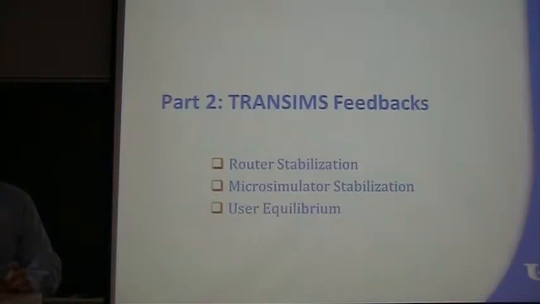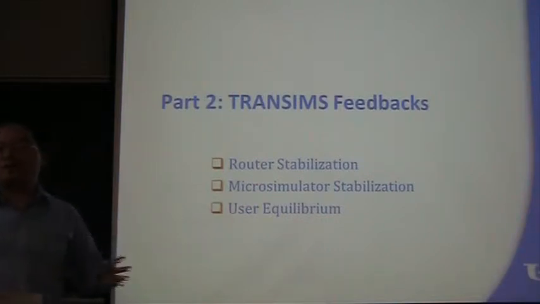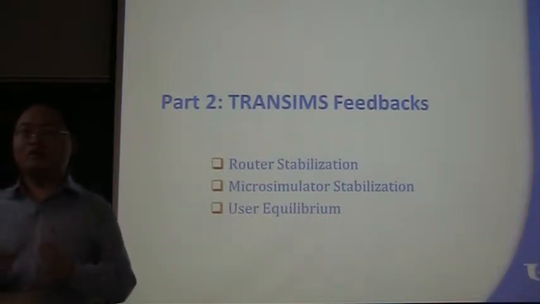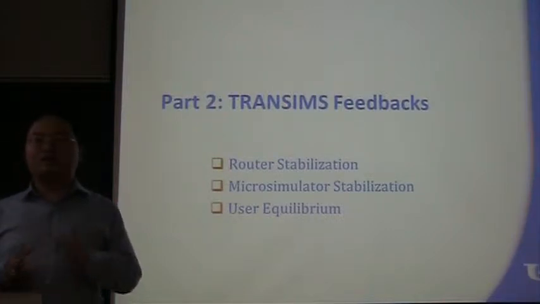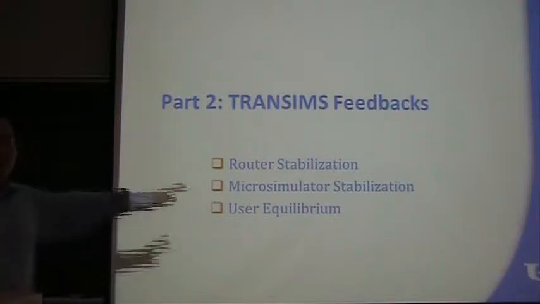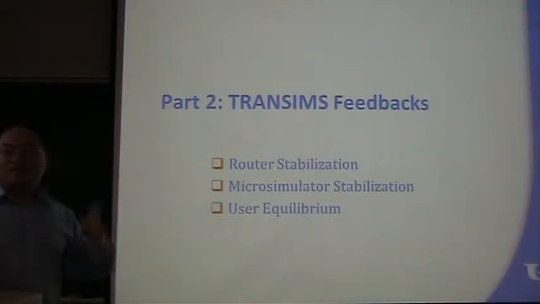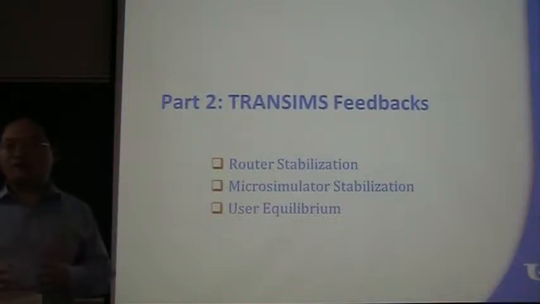Okay. So very quickly, I introduced three tools: converters, router, and micro simulator. You have already run Transims. If you think you already know Transims, then you are completely wrong. That's just the start. The essential thing of Transims is feedback.